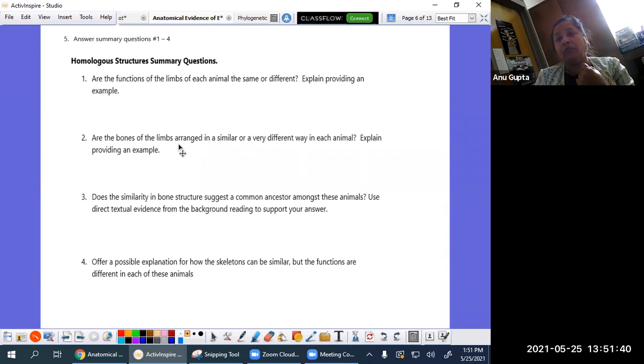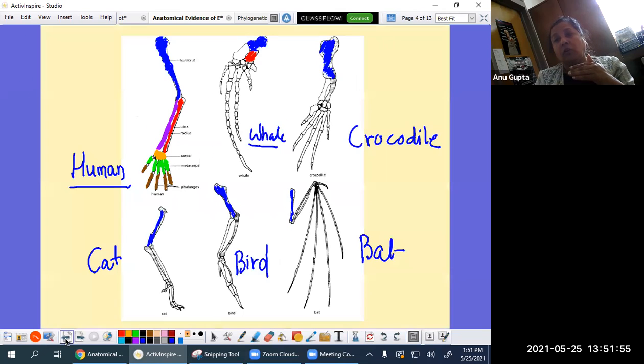Then, are the bones of the limbs arranged in a similar or a very different way in each animal? Explain, providing an example. The basic plan of the bones is the same. You saw the human arm, you saw these bones. They have the humerus, the ulna, the radius, the carpals, the metacarpals, and the phalanges. Human, whale, crocodile, bat, bird, cat, all of them have these. But their basic plan is the same, while the size and the shape vary.